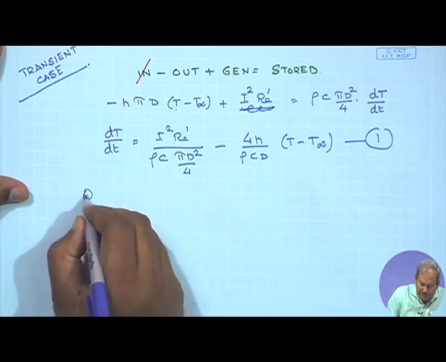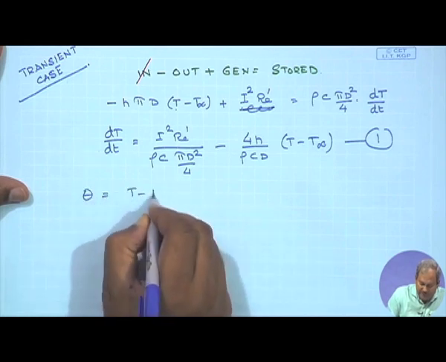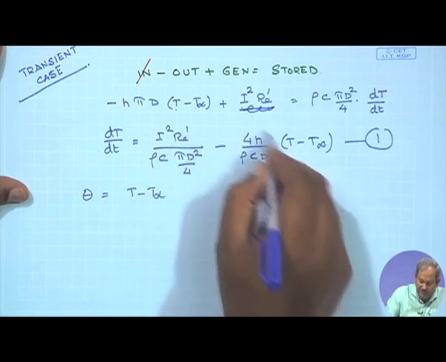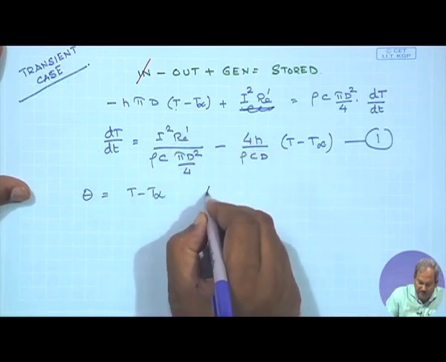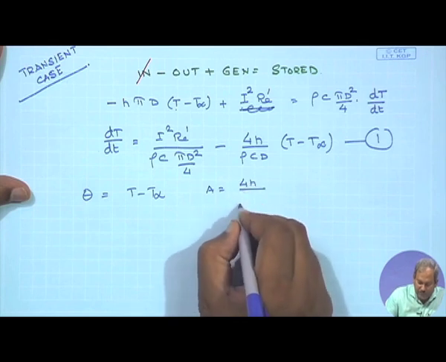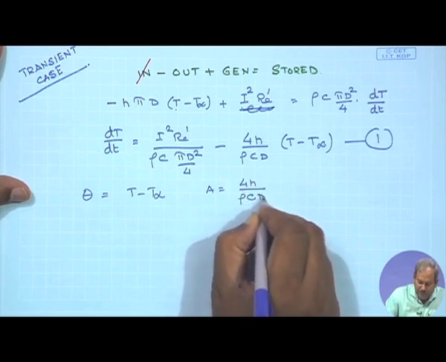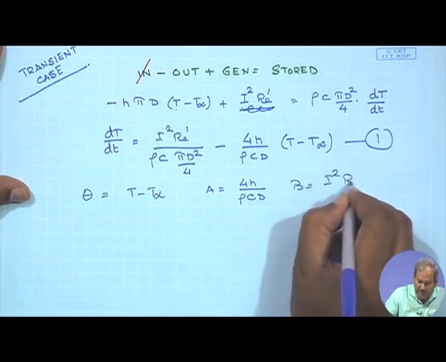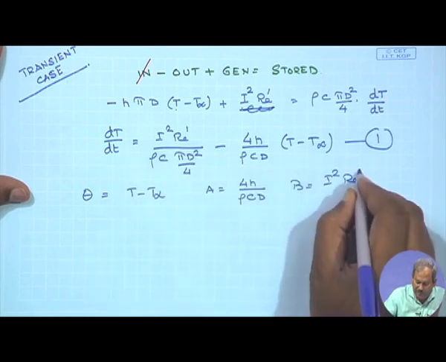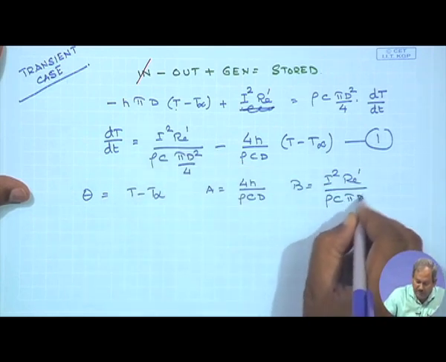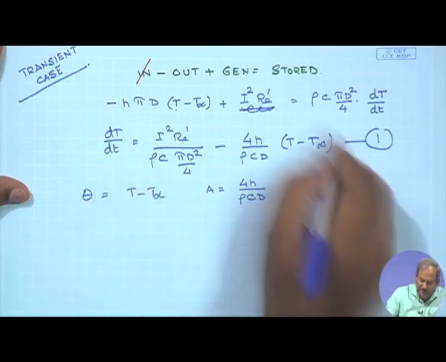So, I define theta equals T minus T infinity, and all these big expressions are put into the form of new constants a and b, where a and b are defined as what we have here: E prime by rho C pi d square by 4, and then this expression.